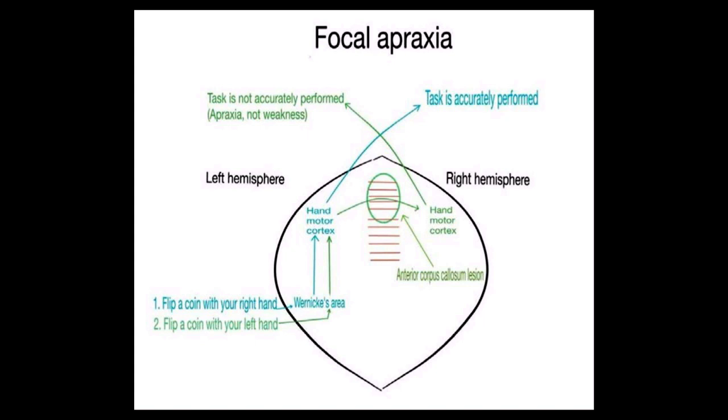So with the lesion of the anterior portion of the corpus callosum, the patient actually has difficulty moving the left hand to show how to flip a coin. So the answer is a lesion of the anterior corpus callosum results in left hand apraxia, because the information to stimulate the right motor cortex can't get over. The patient will clumsily hold their hand and can't figure out how to actually put the thumb as if they had a coin there.